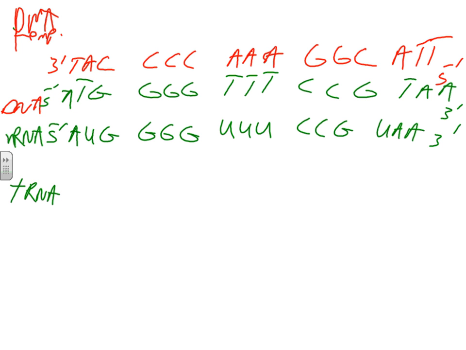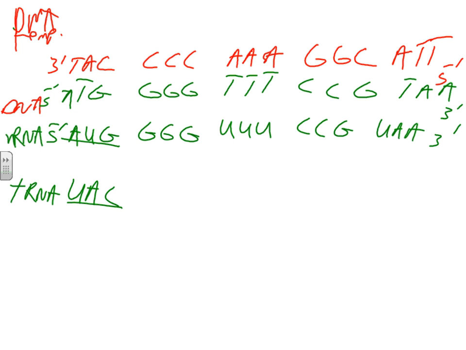But if the mRNA says AUG, what does the first anticodon have to be? AUG is a codon. What's the anticodon have to be? It's RNA. UAC, right? Codons have to be complementary to what? Anticodons. And it's RNA, so no T's.